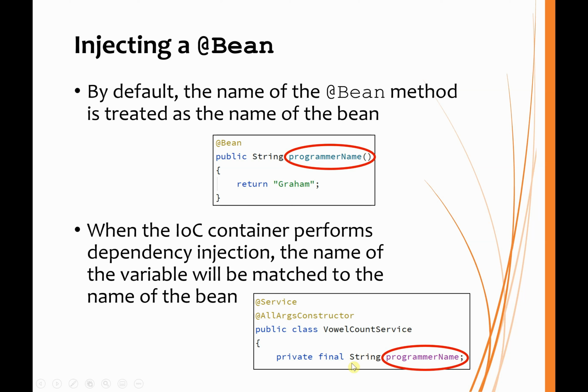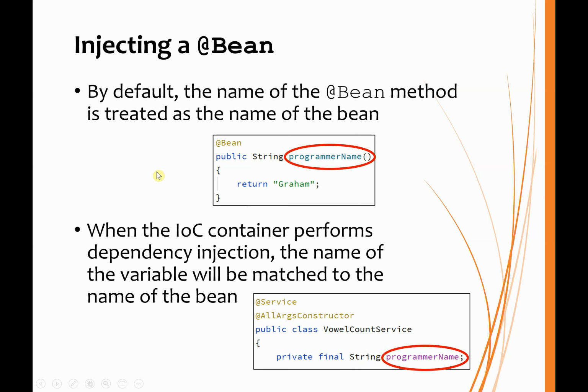So down here we've got a private final variable of type String, programmerName. And the IOC container will then look for a bean method that returns a String and is called programmerName. So these two must match.